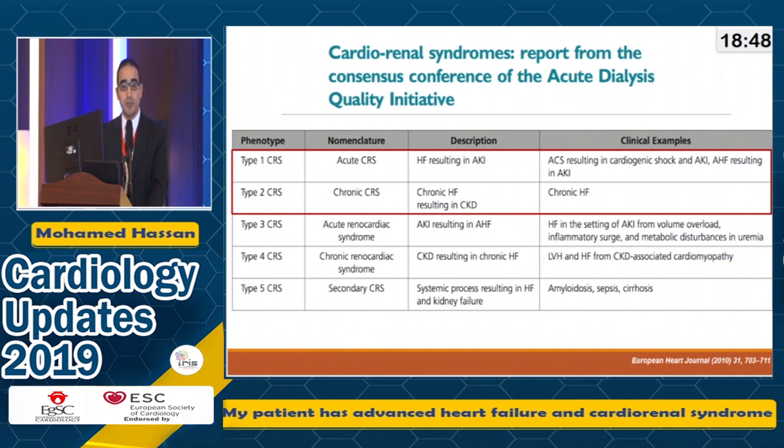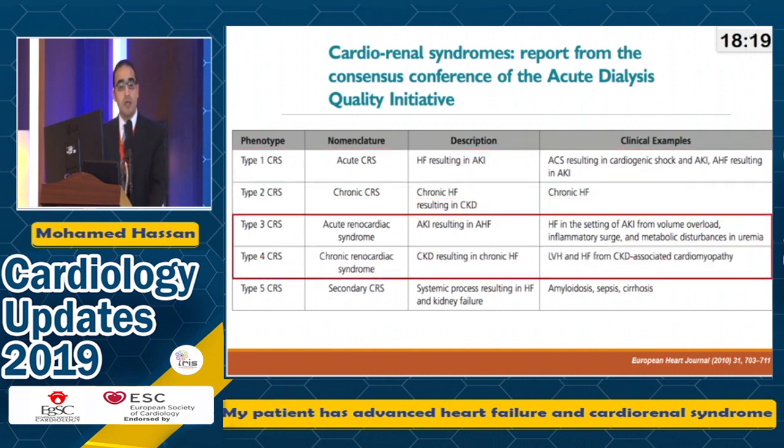Type 1 and type 2 are the cardiorenal syndromes in which acute or chronic dysfunction in the heart can lead to acute or chronic dysfunction in the kidney. So type 1 cardiorenal syndrome, like acute heart failure, can lead to acute renal failure and acute kidney injury, or acute coronary syndrome leads to injury of the kidney. Type 2, in which chronic heart failure and chronic LV dysfunction lead to progressive chronic kidney disease.